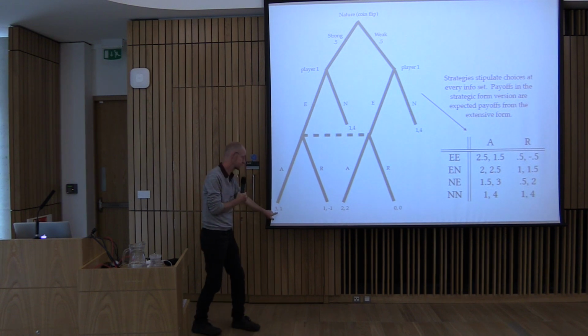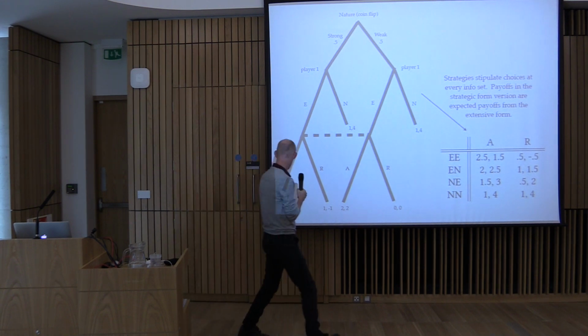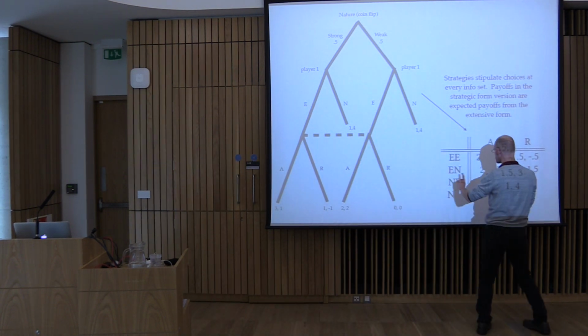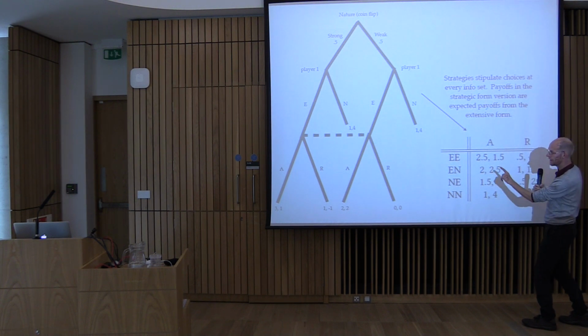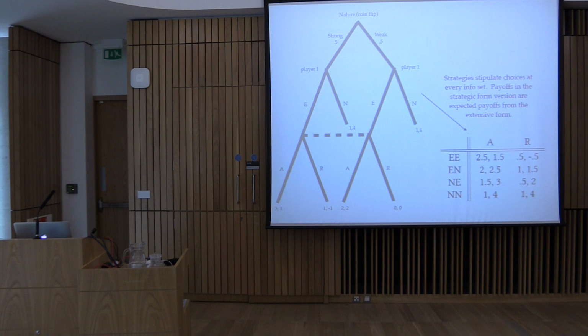In half of the cases this is the outcome of the actions of player 1 and player 2, and in the other half of the cases, this is the outcome. So the expected outcome is 3 plus 2 divided by 2 is 2.5, and 1 plus 2 divided by 2 is 1.5. So you go here for expected utilities. Is this clear?